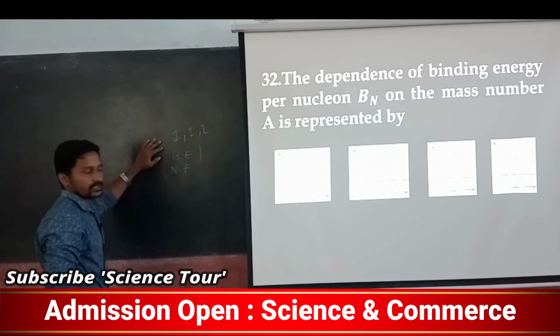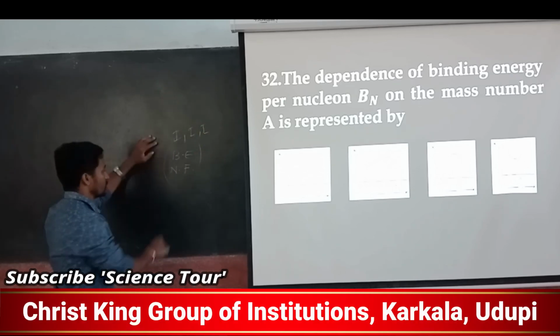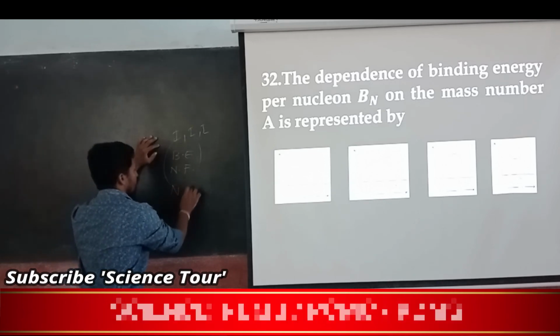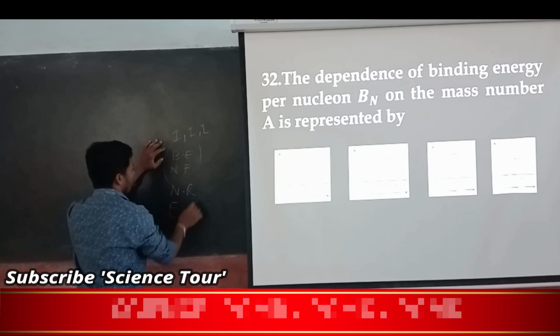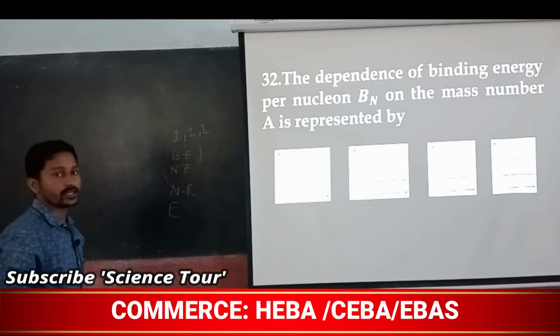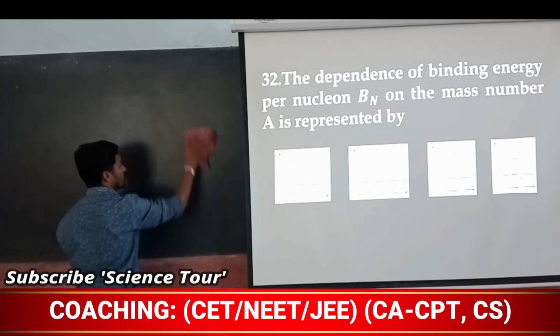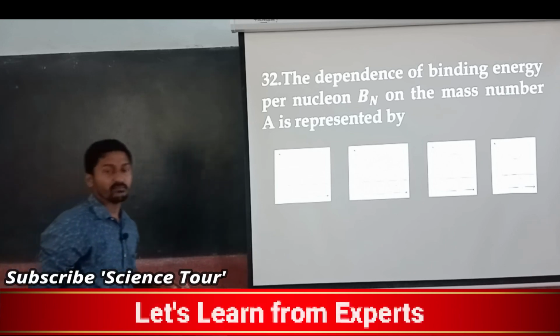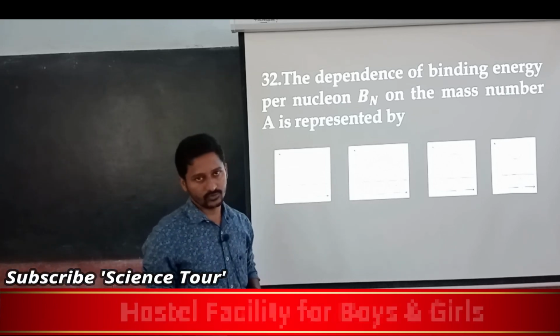Then binding energy, nuclear force, nuclear reactor, and energy sources. These are all very important, more than radioactivity. Radioactivity is simple, but give more weightage to these other topics also.